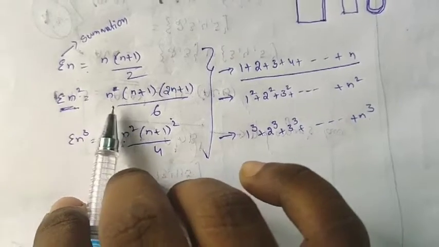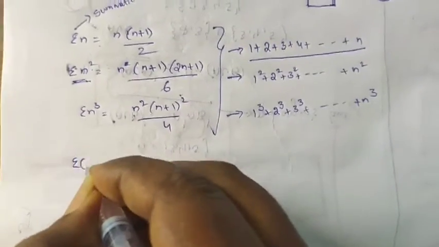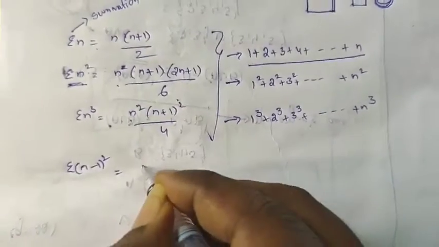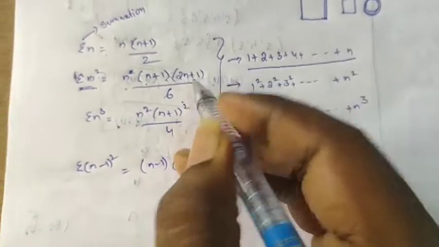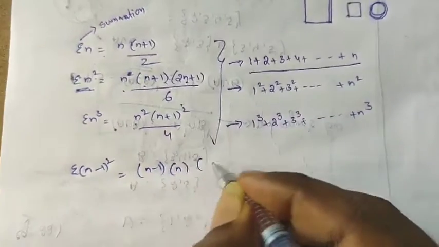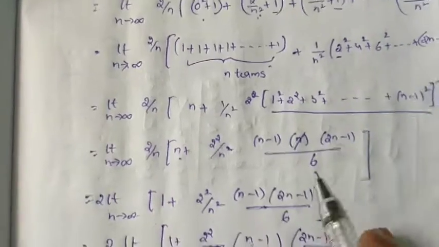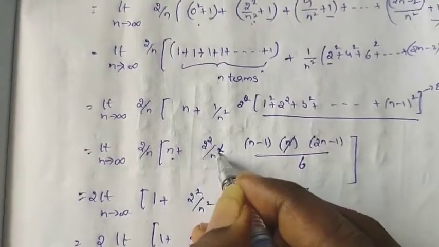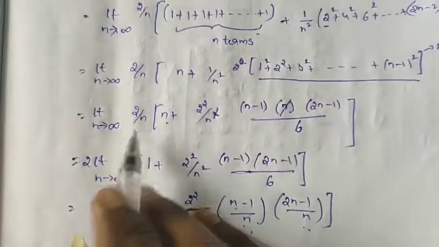Look at this. We learned already sigma n square, which is n into n plus 1 into 2n plus 1 by 6. But we needed sigma of n minus 1 whole square. If you write n as n minus 1, then n minus 1 plus 1 is n, and in the other factor also n minus 1, so it is 2n minus 1, by 6. Now I am going to apply here: 1 by n square, here 1 by n gets cancelled.